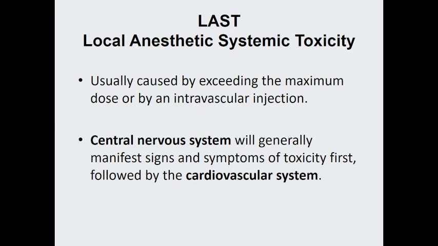So for the block here around the wrist, we use small doses of local anesthetic. For the brachial plexus, we have to give much more anesthetic because the plexus is much bigger compared to the small nerves here. So the maximal dose for this block will be different from that block.